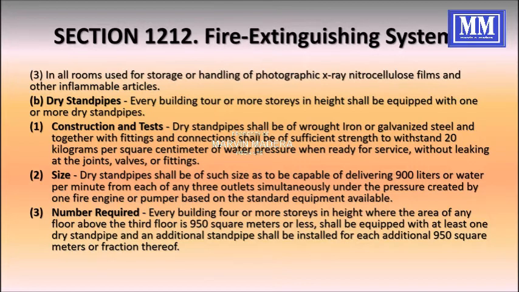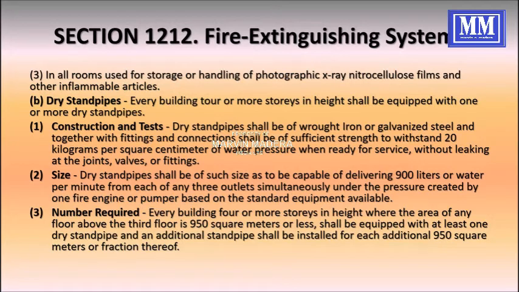Dry standpipes shall be of such size as to be capable of delivering 90 liters of water per minute for each of any three outlets simultaneously under the pressure created by one fire engine or pumper based on the standard equipment available.